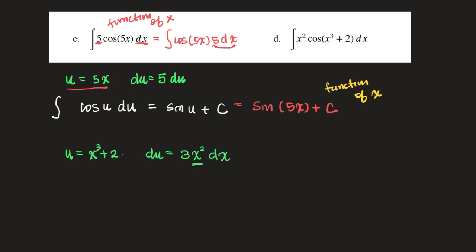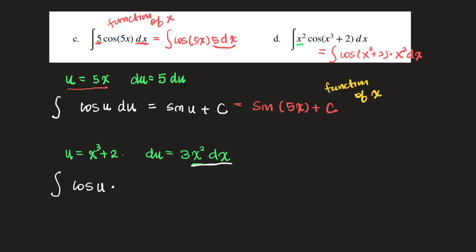Okay, x squared right there, x squared right there, guys. Another way, you rewrite this integral and rearrange it: the integral of cosine of (x cubed plus 2) times x squared dx. Now how can we replace it? Cosine of x cubed plus 2 becomes cosine u, times x squared dx.